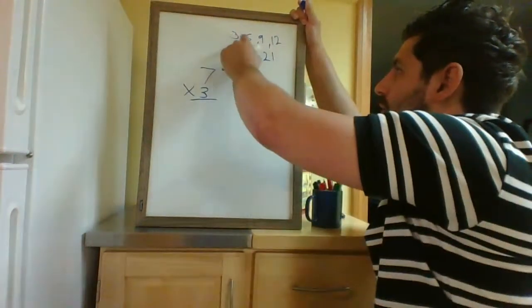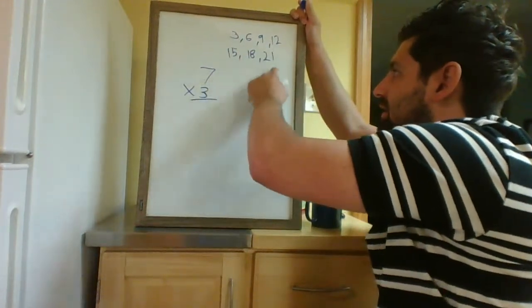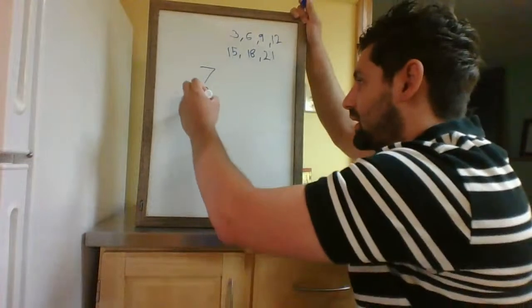So I just counted by 3, 1, 2, 3, 4, 5, 6, 7 times, and I landed on 21.